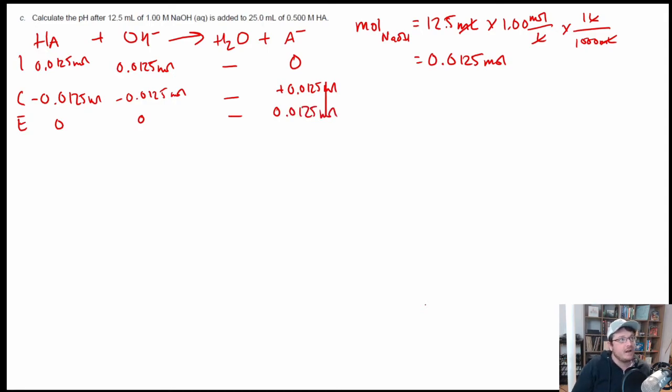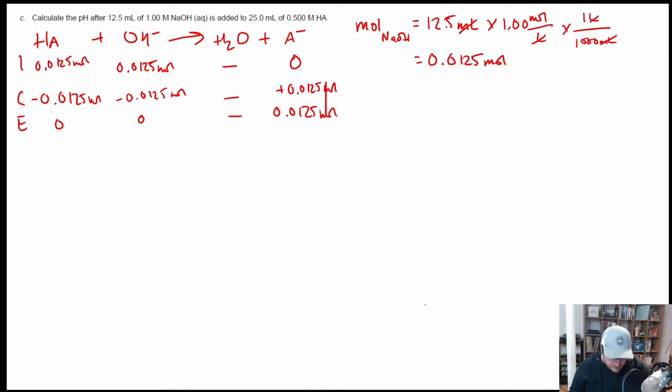Now, the important thing to figure out is that we're at the equivalence point. At the equivalence point, the HA has been completely consumed by the OH minus. That means the dominant species in the solution is the A minus, the conjugate base that we have.